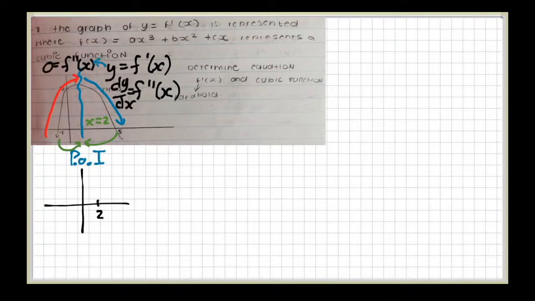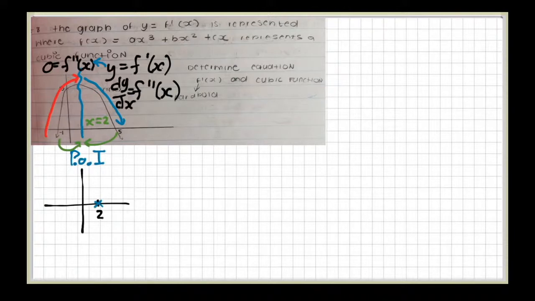Remember, to get a turning point, you have to derive. So if I derive y once, put it equal to 0, it's the turning point. If I relate that to f double accent x, that will be where f double accent x is equal to 0.